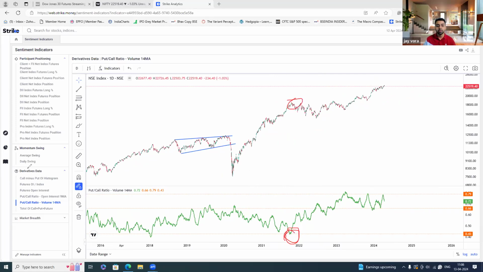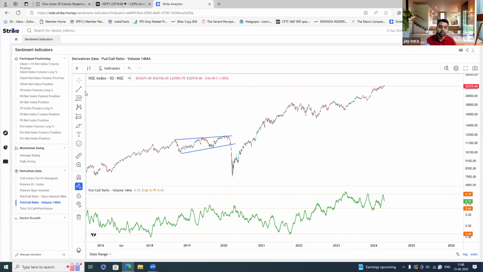The logic here is that this is a put call ratio, which means when volume is higher in calls, you will see this ratio coming towards the lower level. And when you see more volume in puts, you will see the ratio coming towards the higher level. So this works inversely.